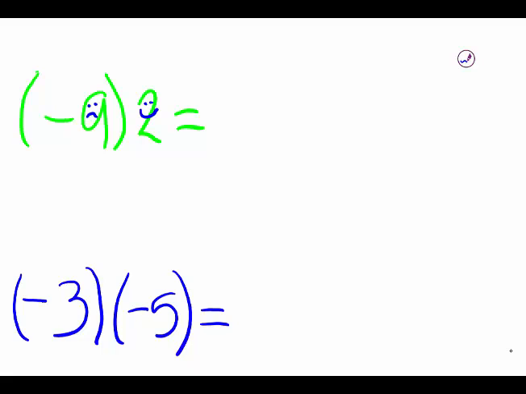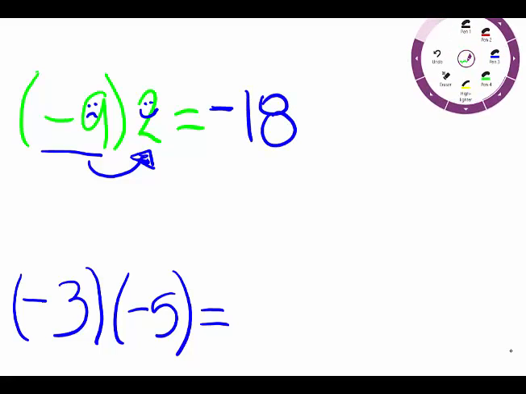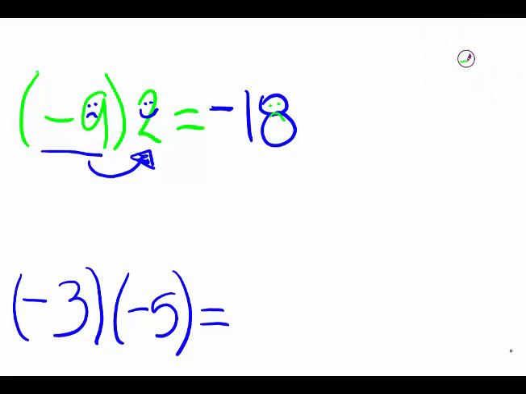So when you multiply -9 and 2 together, the product is going to be a negative answer, because the 2 gets sad because of how sad the negative is. So the sadness of this one negative is transferred to this one. So the answer is going to be negative. And 9 times 2 is 18, and that is a sad number.